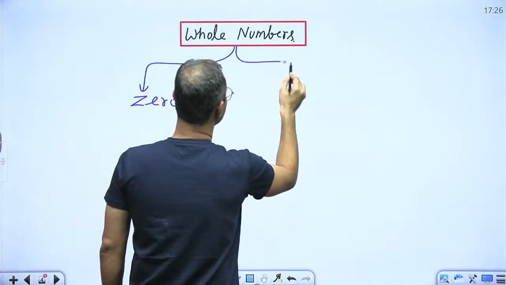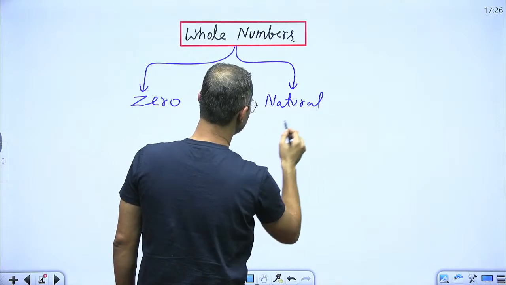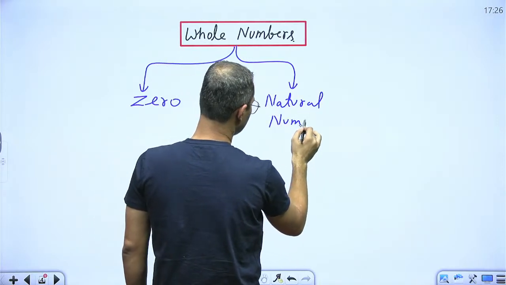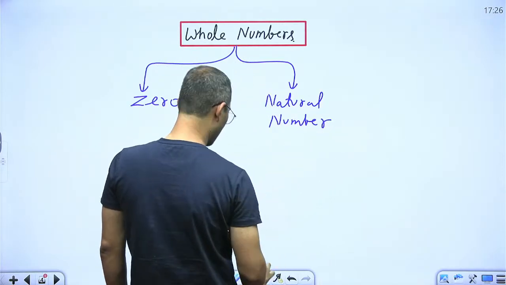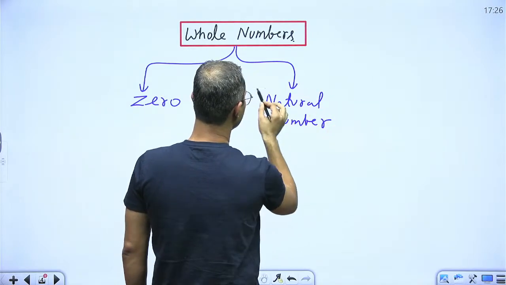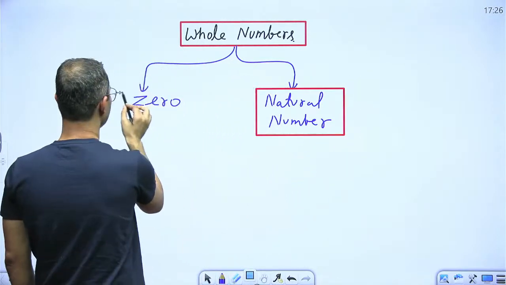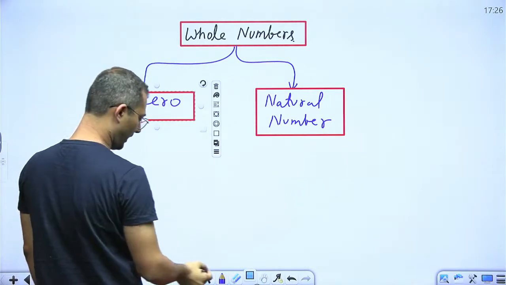The combination of 0 and natural numbers is known as whole numbers, right?